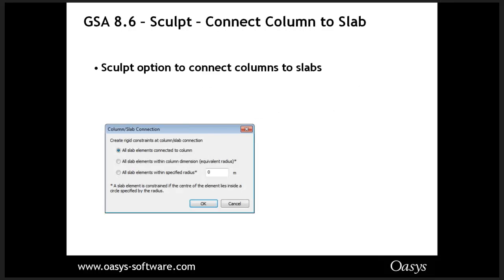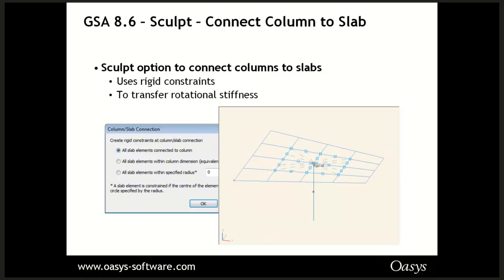And then moving on to the Sculpt option to connect a column to a slab. This is something that Tom referred to a bit earlier. So the idea is that we want to connect a column to a slab and to carry the rotational stiffness of the column through from the column to the slab itself, and that's achieved by assigning rigid constraints to the nodes on the elements attached to the column.